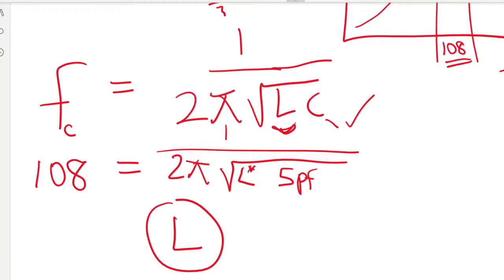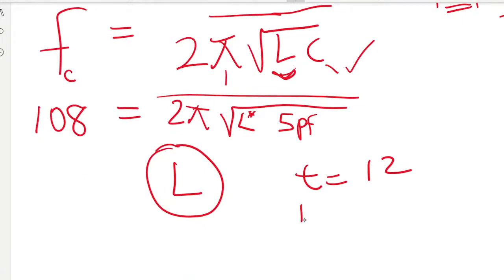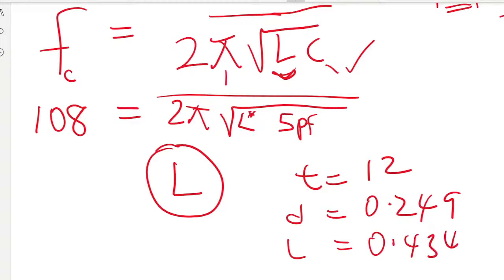But then remember the calculator we've been showing in this series. We use that calculator to find this value, and then we go backwards and find the number of turns, the length, and the rest of them for us to make that inductor ourselves. So we made a 12 turns inductor. With the number of turns T being 12, we found our D to be 0.249, and the L, which is the length of magnetic circuit, we found from experiment, I think around 0.434, something like that.